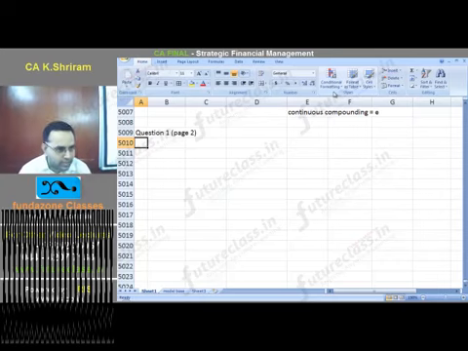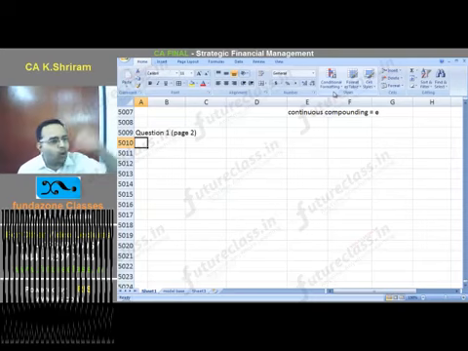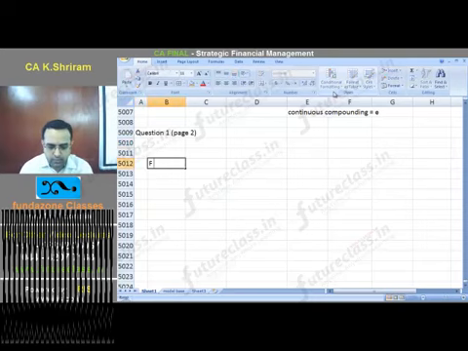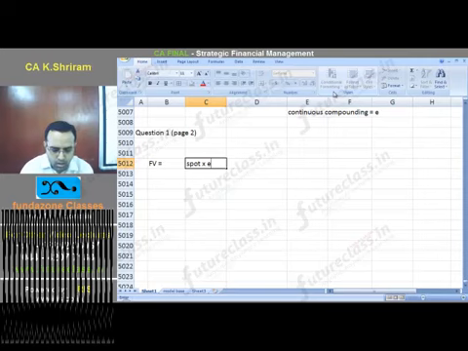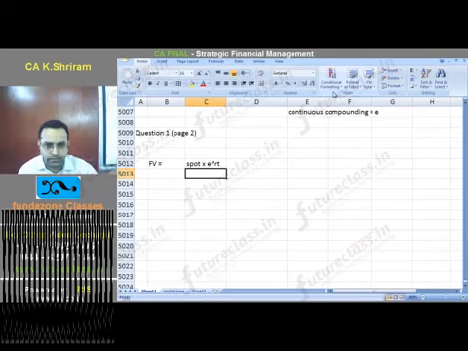When the question asks you like this, the examiner wants to test whether they are priced properly, and then decide. What is the future price? 520. And you need to calculate the theoretical future price, correct? How do you calculate it? The future value of the spot is spot into e power RT, that's the future value, compounded.